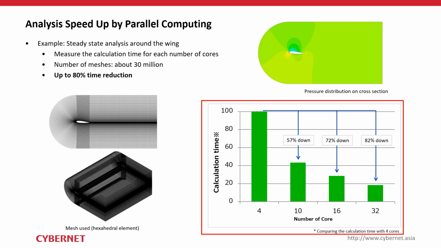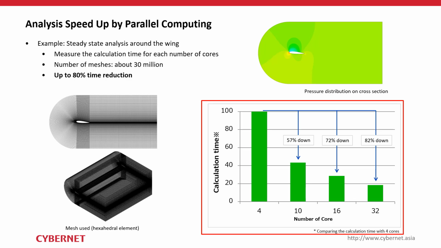In this case, for example, we have a number of cells of about 30 million. Traditionally, solving a problem with 30 million cells will take quite some time. But by leveraging the parallel computing capabilities, by leveraging the number of CPU cores on your machine, you can reduce that time.